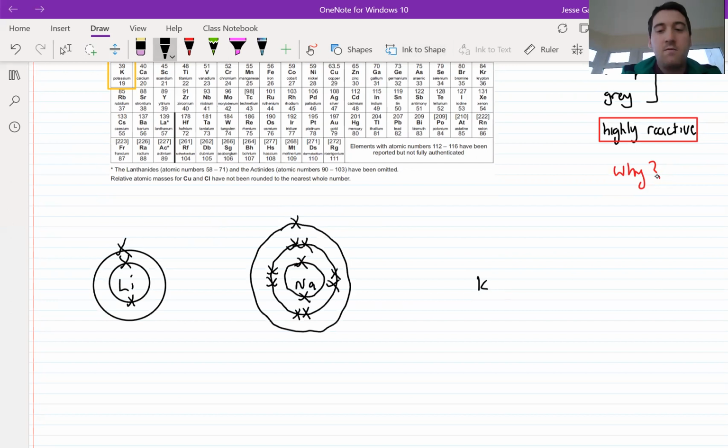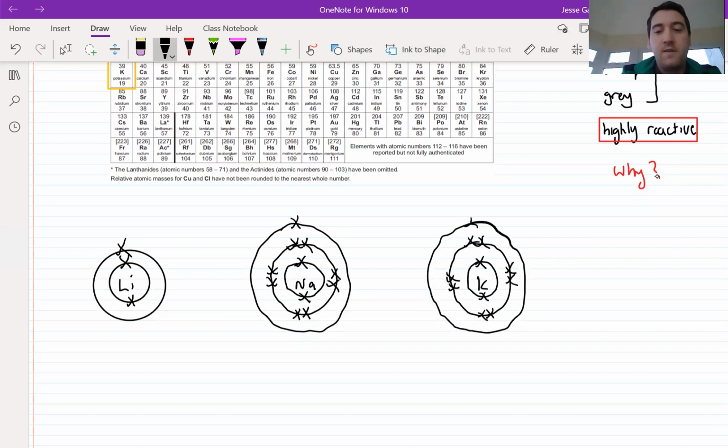This is potassium, 2 in the first shell, 8 in the second shell, 8 in the third shell, and 1 in the fourth shell.